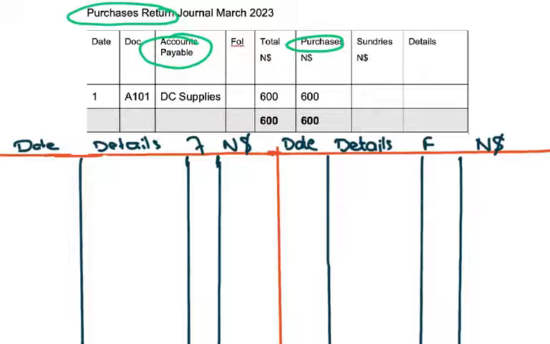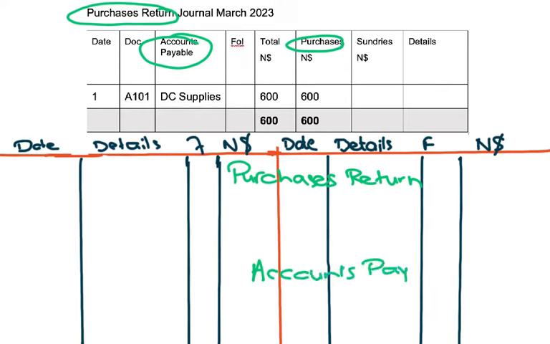I will rather create a purchases return account. My other account is then accounts payable. And remember again, we only post totals, and we do that at the end of the month.